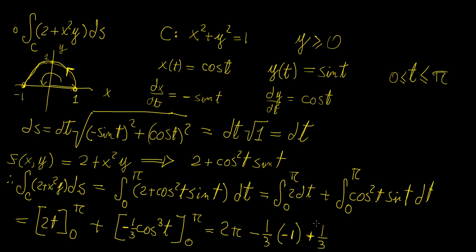We put 0 in there, and then this is going to be negative as well. So it got a little bit confusing. Actually, it's just going to be plus. Make sure you write it down so you actually know what you're doing. So this is just going to be 1. So we have plus 1/3 plus 1/3. That becomes 2 pi plus 2/3. And this is the final answer.